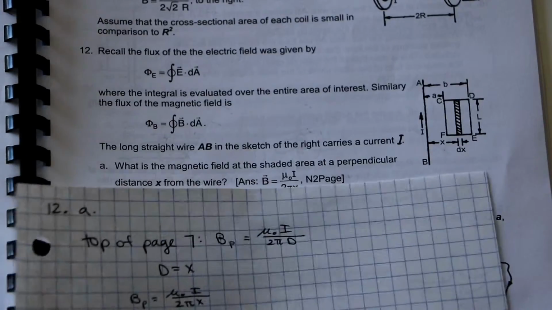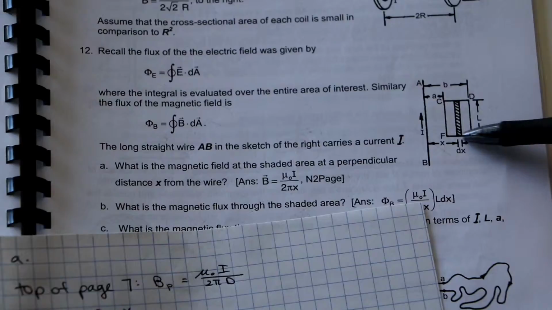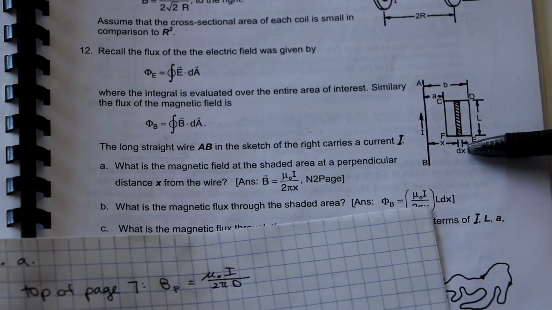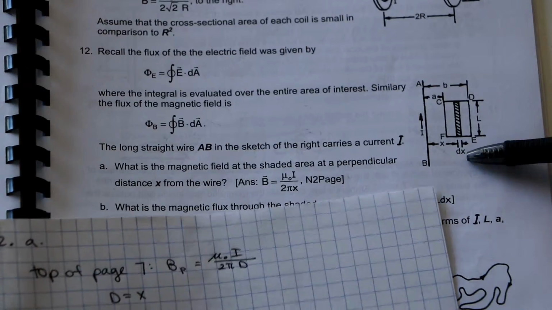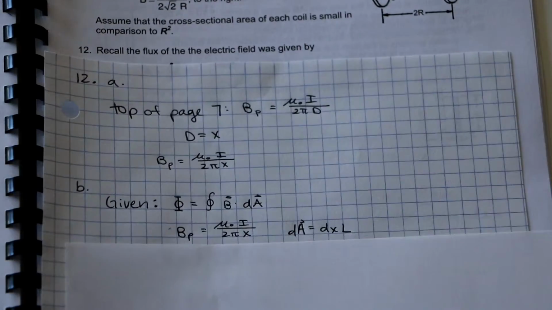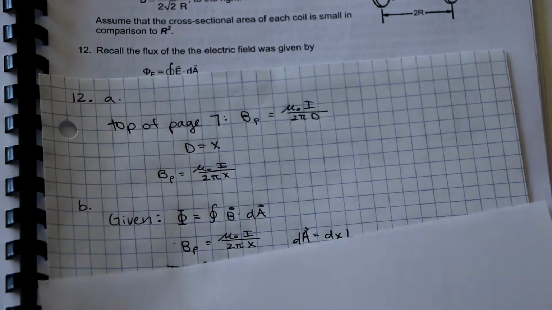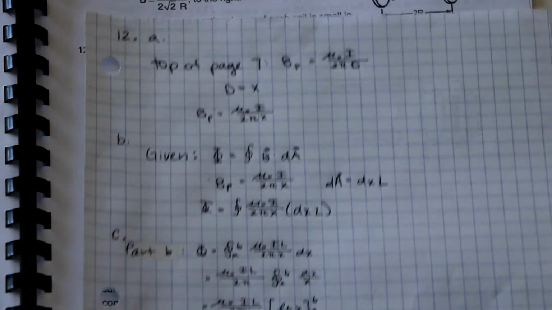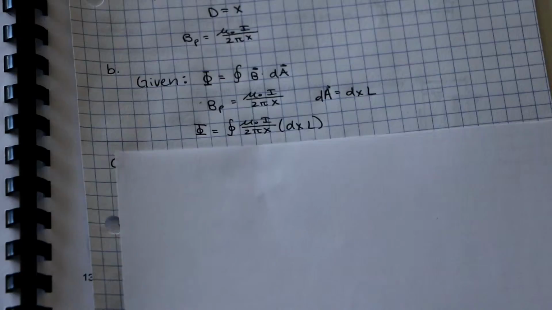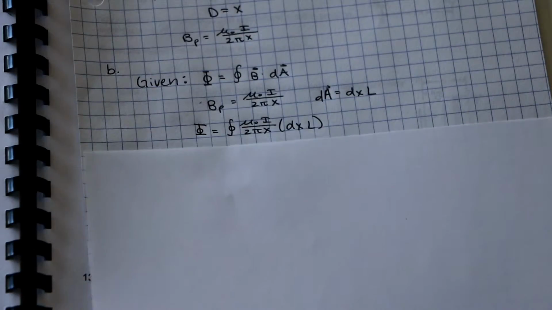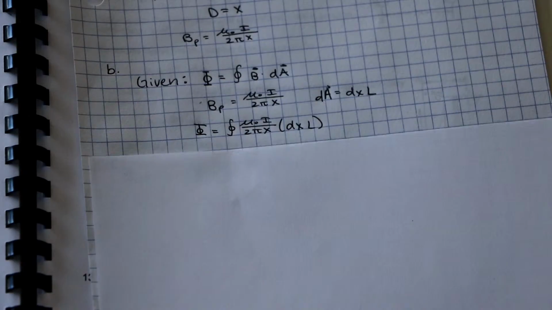If you look at the picture, the width is dx and the height is L. So area is just dx times L. We plug that in, and we get that the flux is the integral of mu I over 2 pi x times dx L. And that's the answer.